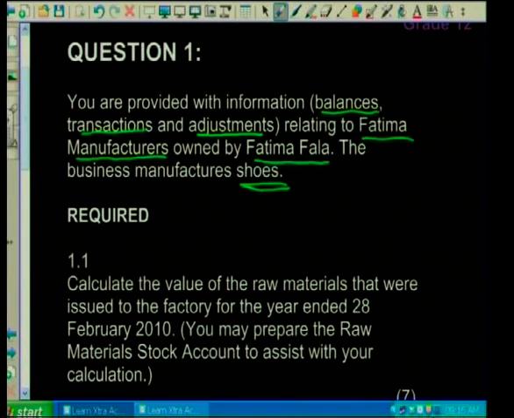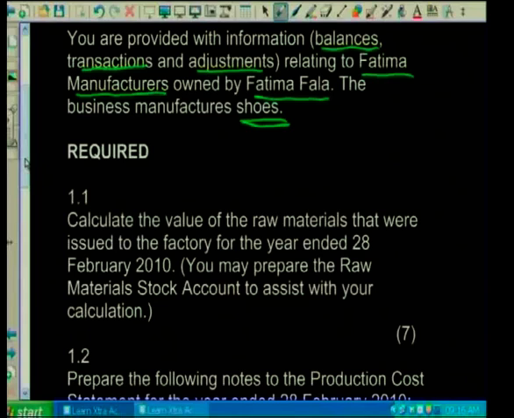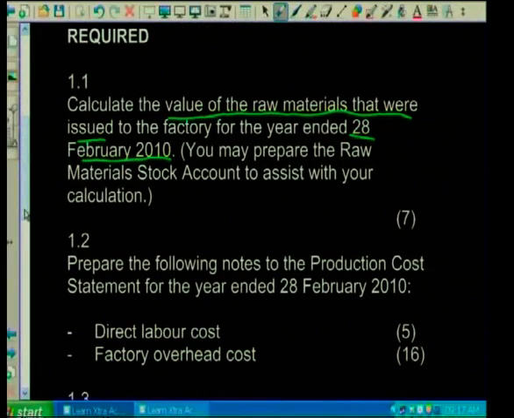In this case, this business makes shoes. We are required to 1.1 calculate the value of the raw materials that were issued to the factory for the year ended 28th Feb 2010. And then they go on to tell you, you may prepare the raw material stock account to assist with your calculations.